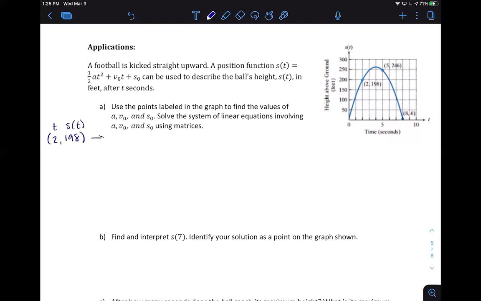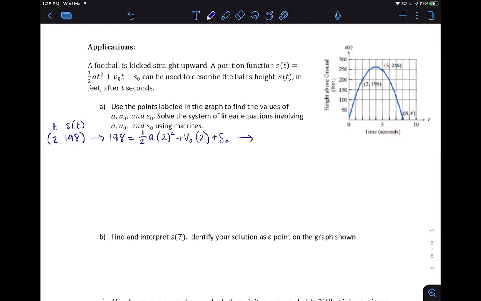So if we plug that in, s of t is 198 equals 1/2 times a times 2 squared plus v sub 0 times 2 plus s sub 0. Okay, and then we're going to rewrite that.